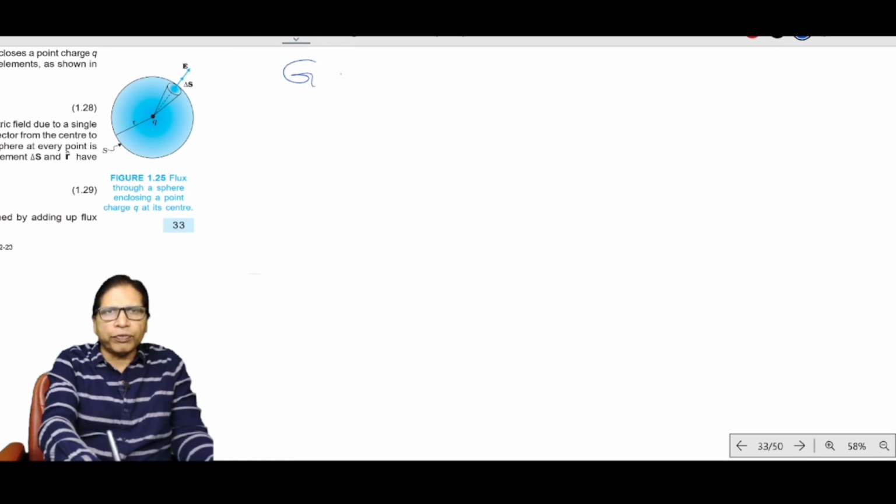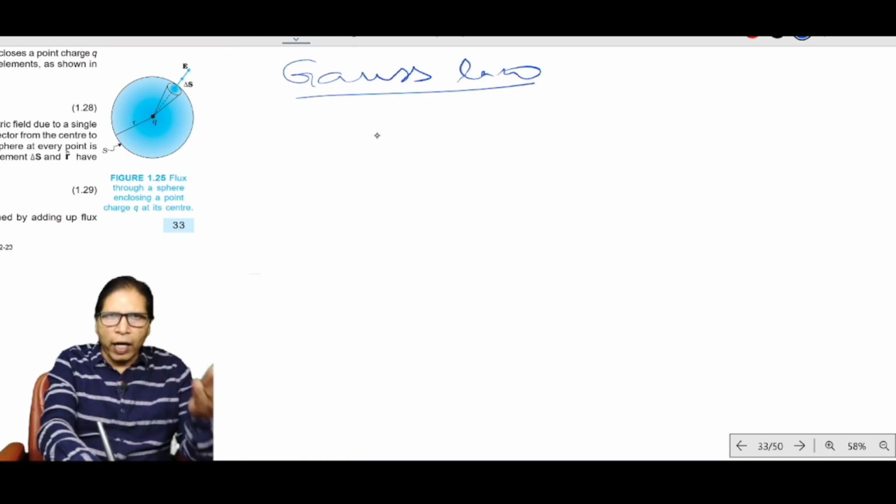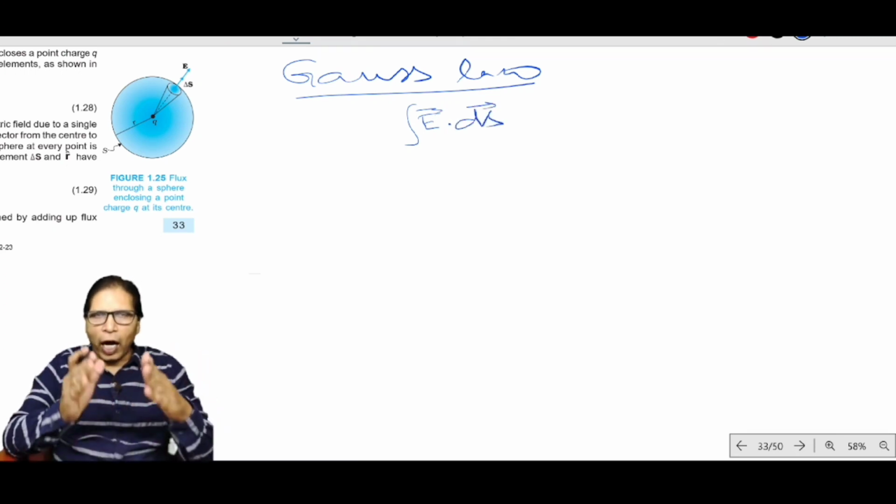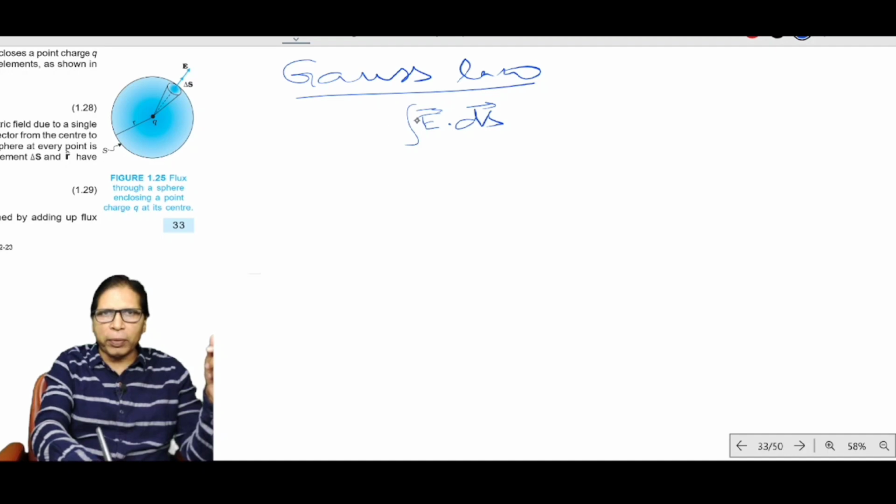Now Gauss law. The total outward flux over a closed surface is 1 by epsilon naught times the charge enclosed by the closed surface. The integral of E vector dot dS vector is the total outward flux from a closed surface.